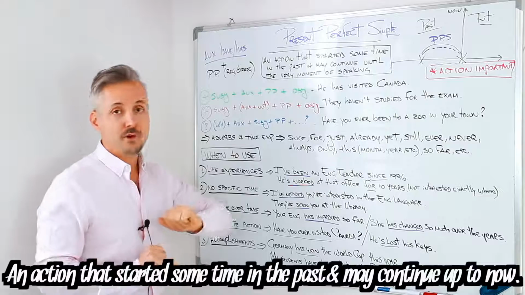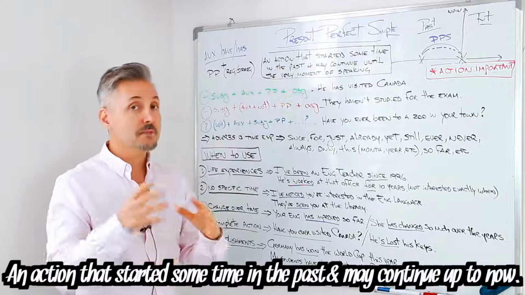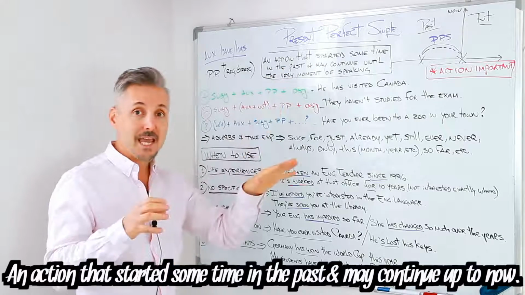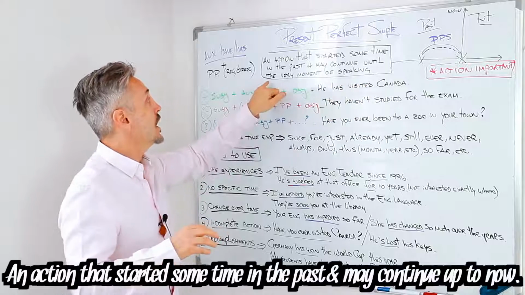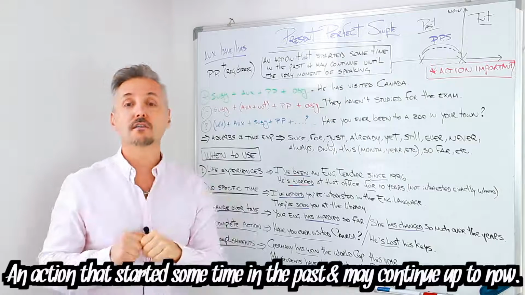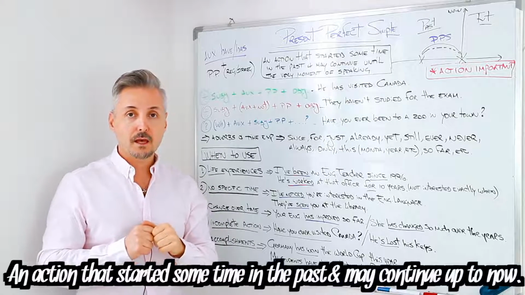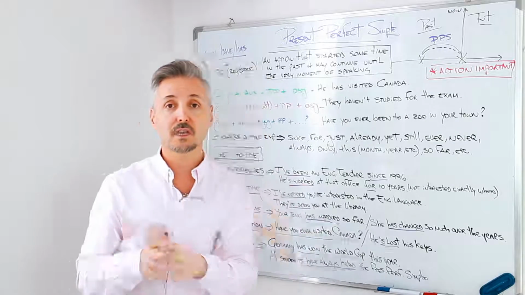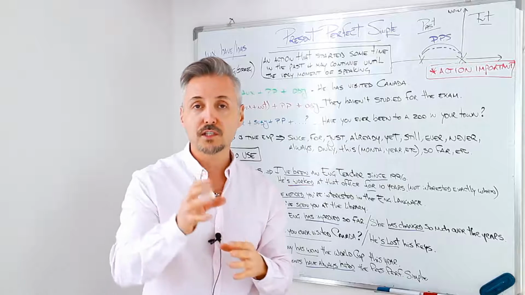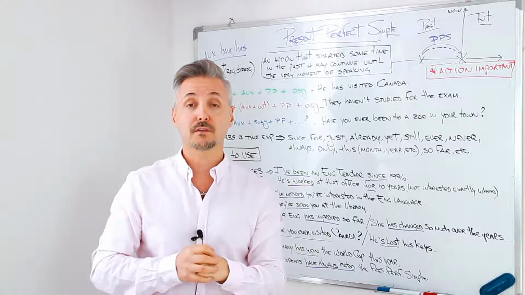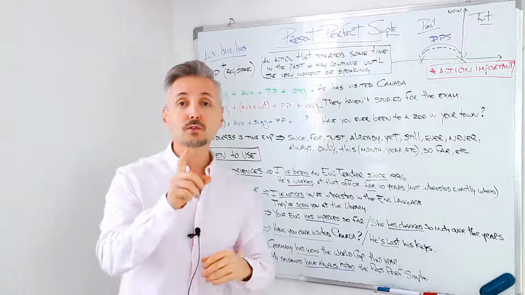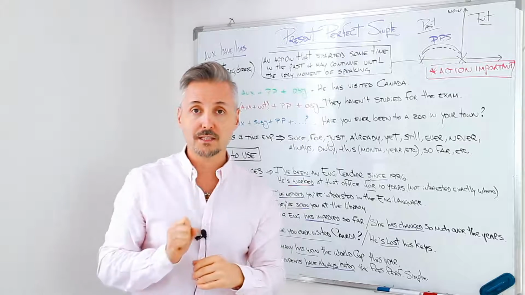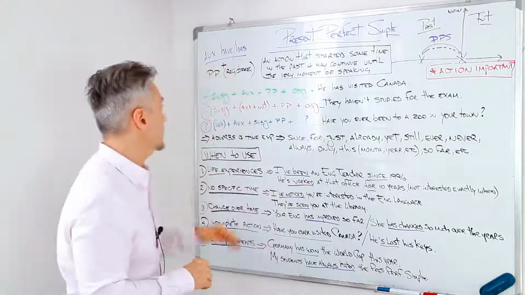And here I wrote an action that started sometime in the past and may continue until the very moment of speaking. I'm going to show you this with different rules and different keywords to help you understand when to use the present perfect simple. So let's go to the formulas now, the three types of sentences.